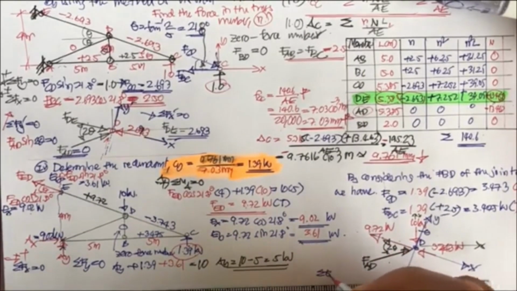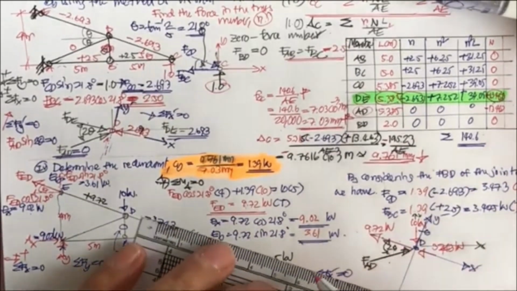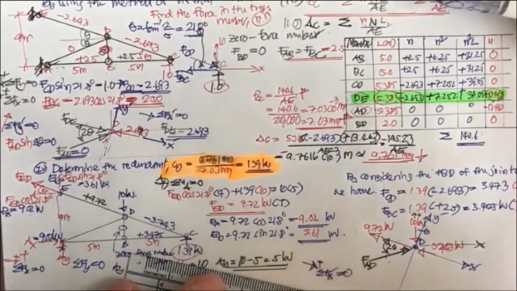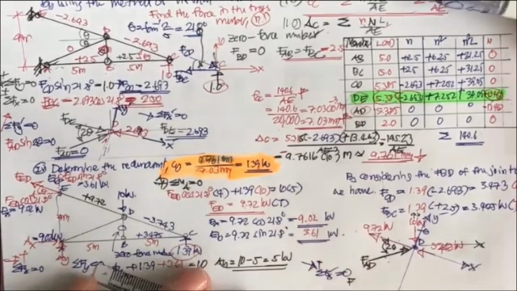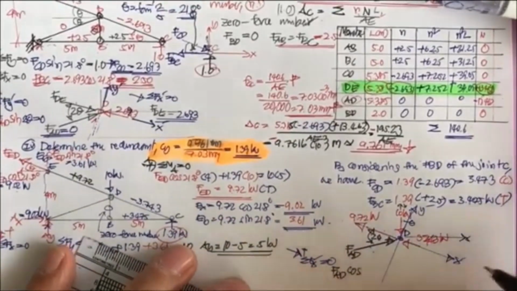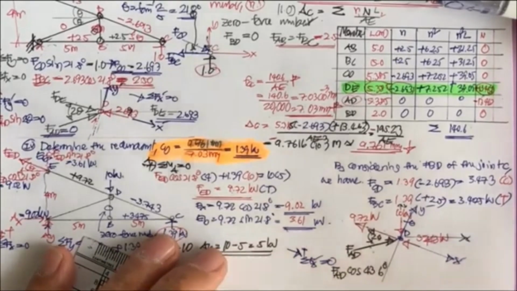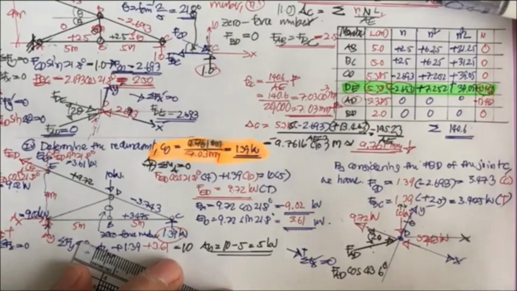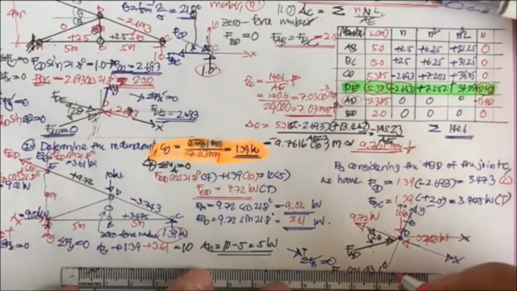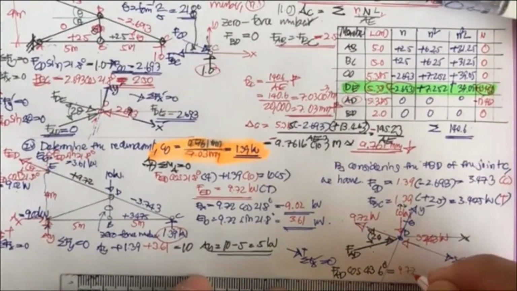So summation of F sub x prime equal to 0. This one in this direction is plus. So this one F sub AD is going to cause 2 times 31.8, 43.6 degree. Okay, and this is going to be along this direction, and it's going to equal 9.72.